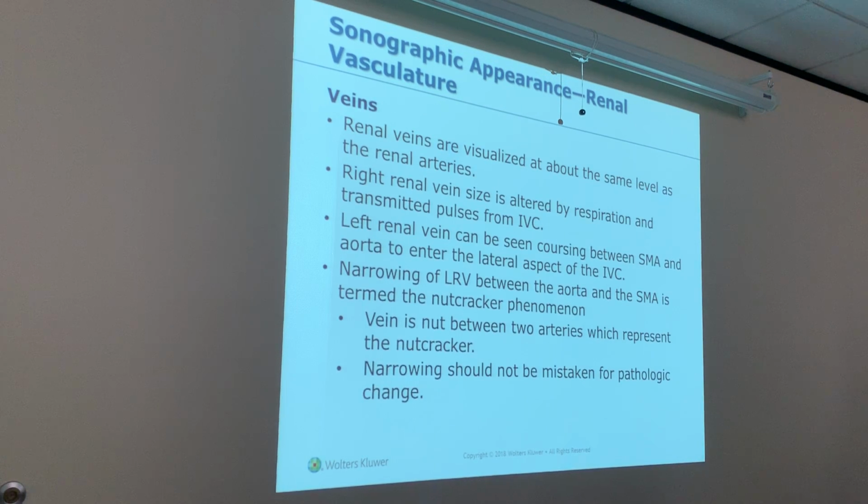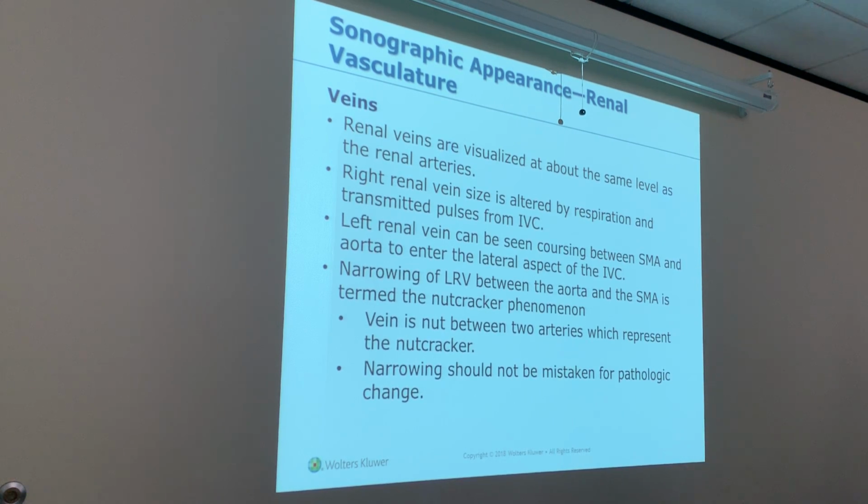Renal arteries, we've already talked about. Okay, renal arteries, renal vein. Here they talk about the nutcracker, where you have a vein in between two arteries. And where do we see that? A vein between two arteries.